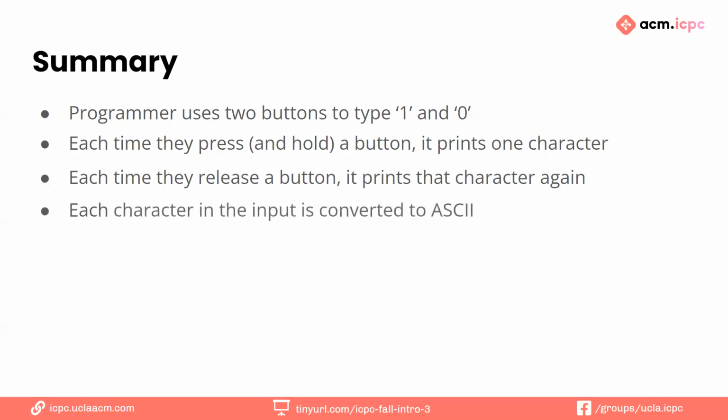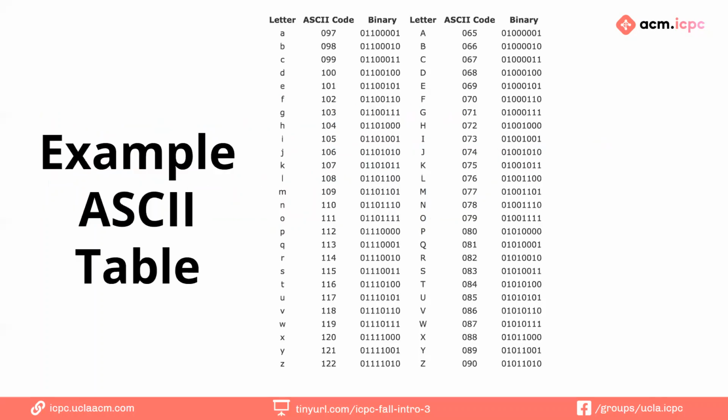So for now, you might be wondering, why are we talking about 1s and 0s if you are given strings of characters like ABC? Well, that's because each character in the input can be converted into ASCII. You have probably seen this table from our workshop last week.